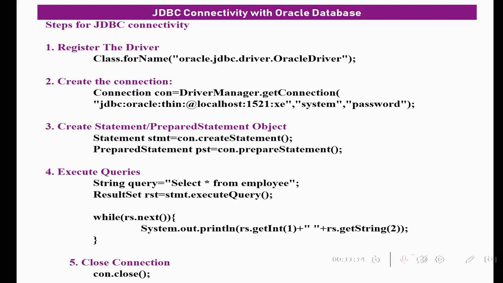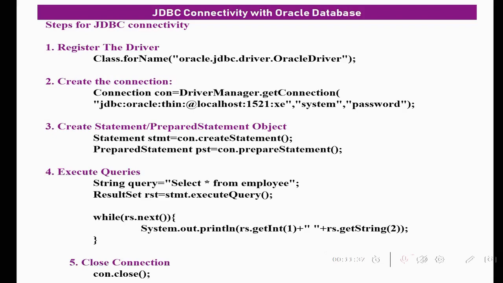Now the fourth step is to execute queries. How will we execute? String query equal to select star from employees. This is a select statement, so we have to store the result in a ResultSet object, that is ResultSet rs equal to stmt.executeQuery. And how will we trace the data?